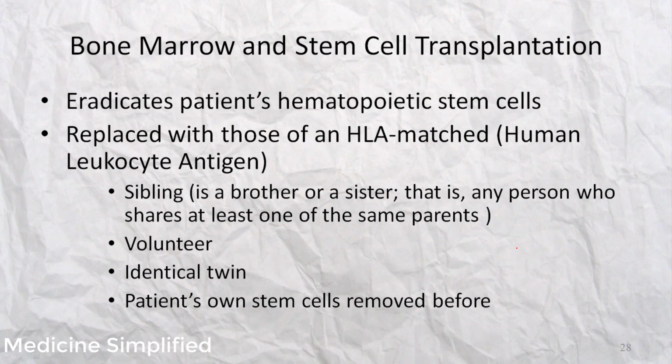Bone marrow and stem cell transplantation. It eradicates the patient's hematopoietic stem cells and they are replaced with those of HLA matched donors, which can be taken from siblings, other volunteers, identical twins, or the patient's own stem cells removed before leukemia.